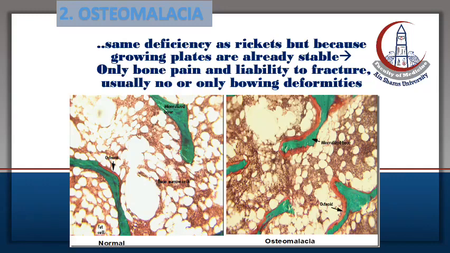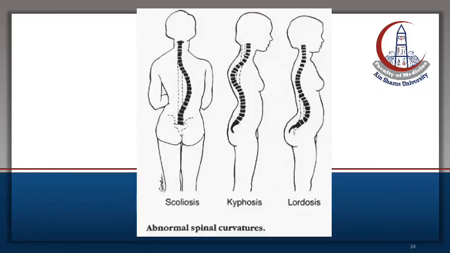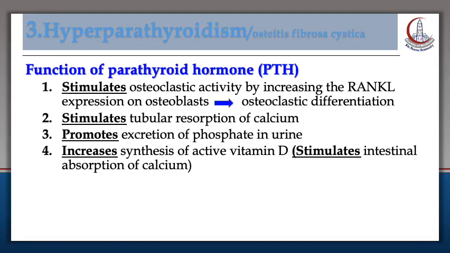So those patients, which are usually females during the childbearing period, with increased demands during pregnancy and lactation, thus vitamin D deficiency will lead to defective mineralization with bone pains, multiple fractures, but there are no or only bowing deformities. The deformities are not remarkable, just in the vertebral column as scoliosis, kyphosis, or lordosis.